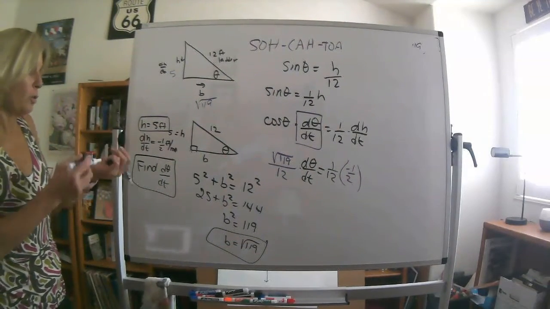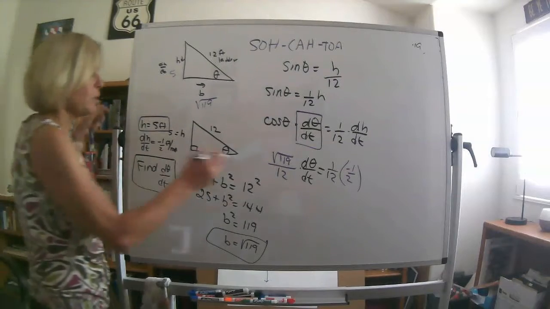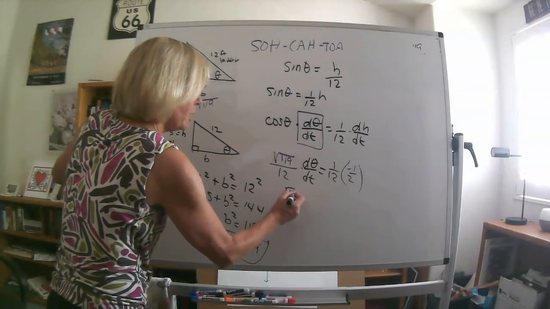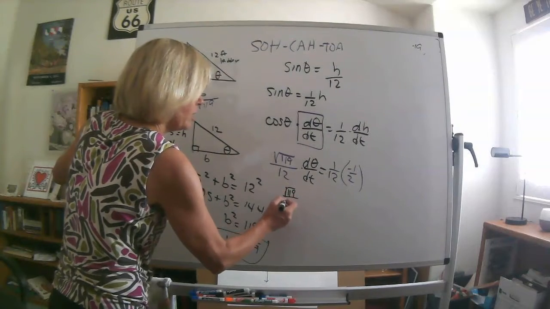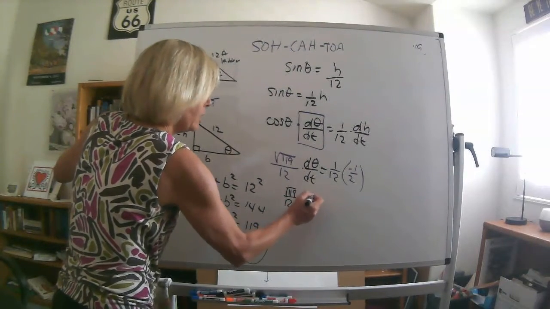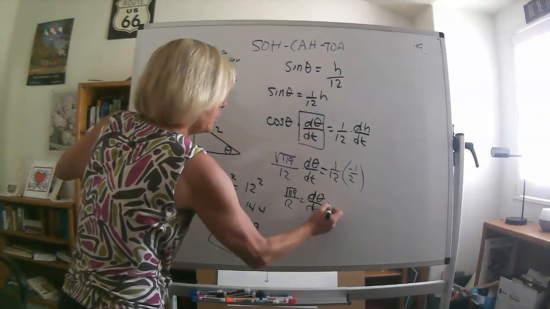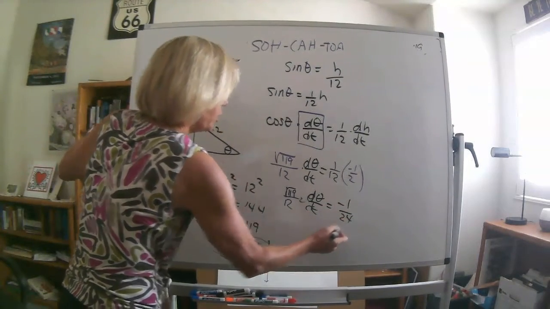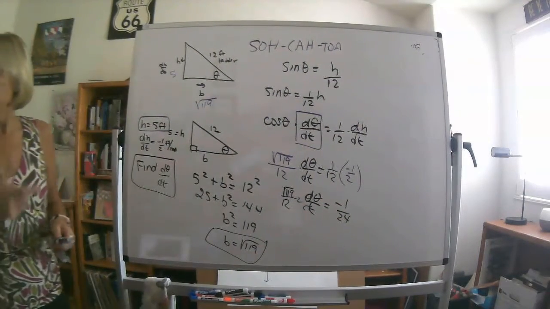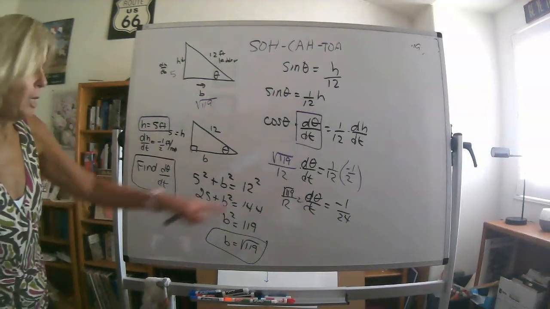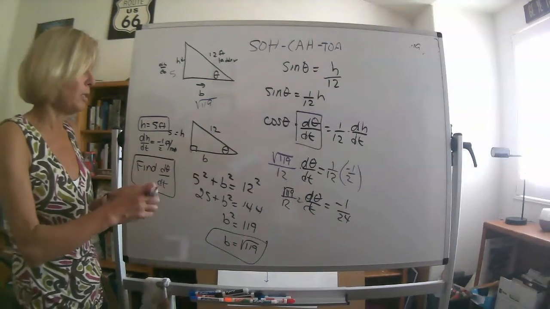That's also not too hard to solve. So I'm going to first simplify the right side. Square root of 119 over 12 d theta/dt equals negative 1 over 24. And then I am just going to multiply by the reciprocal to get the d theta/dt by itself.